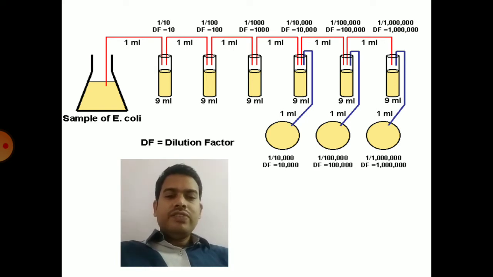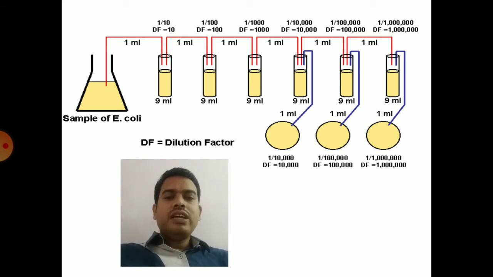After the solidification process, you expose that petri dish to air, then close the petri dish and incubate at 37 degrees centigrade in an incubator. After 24 hours, you will find some colonies on the medium. So that is one of the processes.